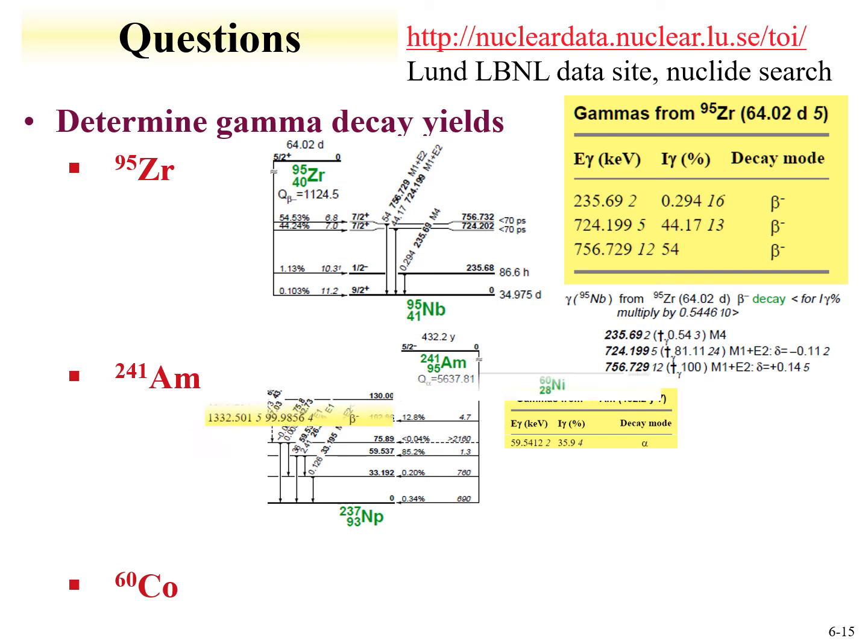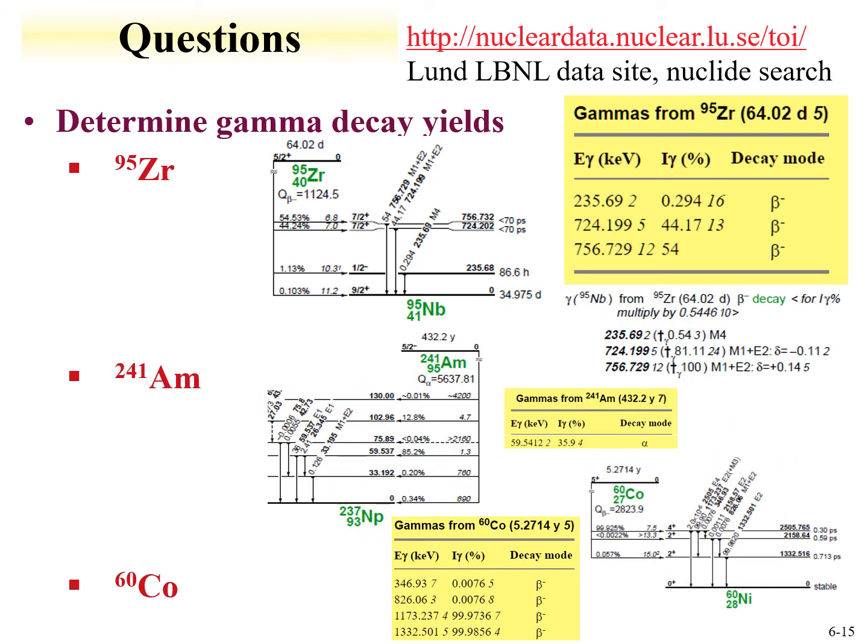Another example could be cobalt-60, again from the Lawrence Berkeley site. We get the data. We see that there are 2 intense photopeaks, each one above 1000 keV, and yields on the order of 99%.